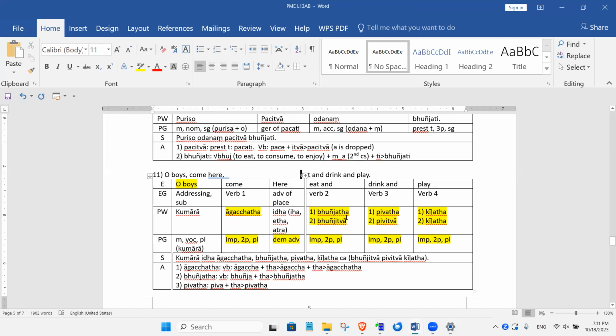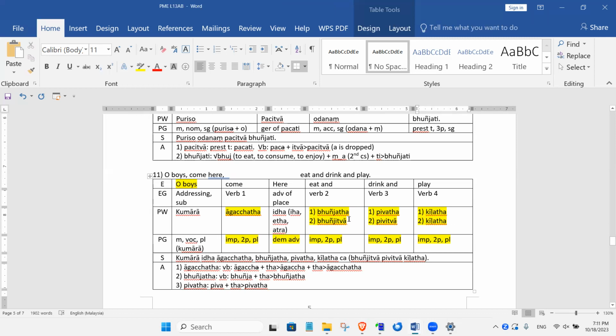So eat, bhunjitva, drink, pivitva, and finally the last one, you put kilata. So it will be come here, agachata, eat, bhunjitva, drink, pivitva, and last one, kilata.